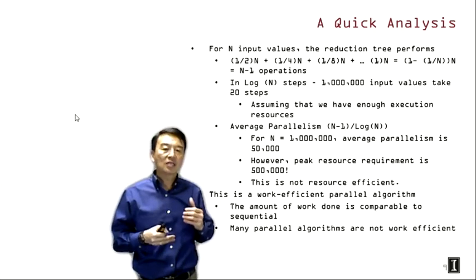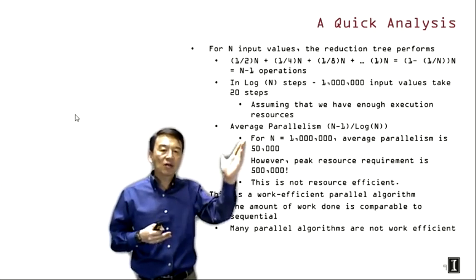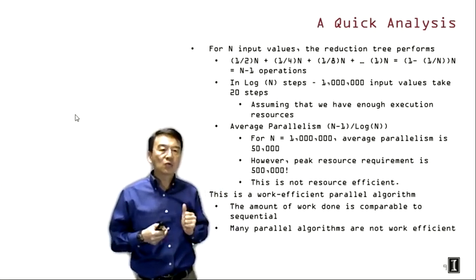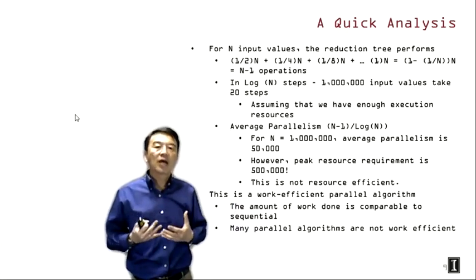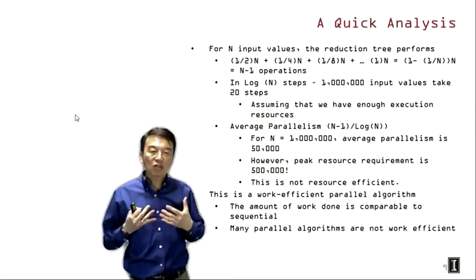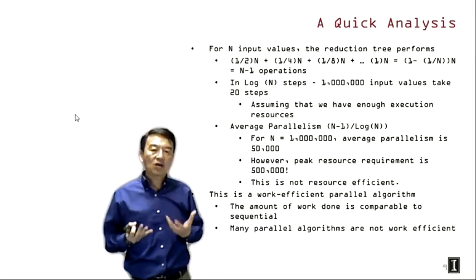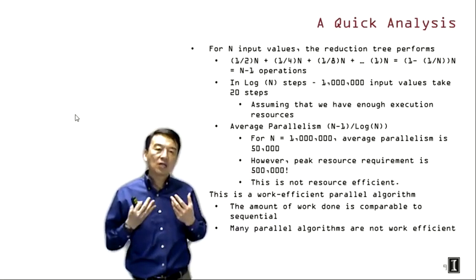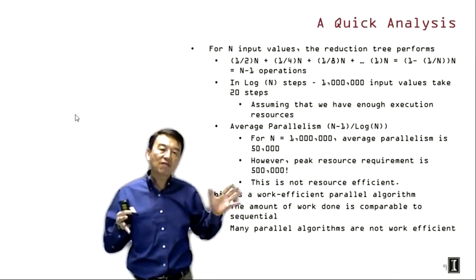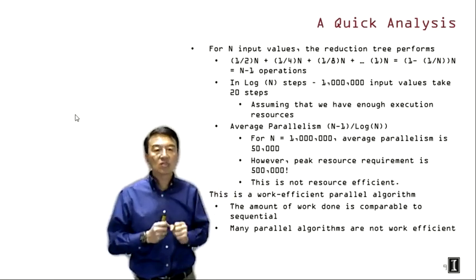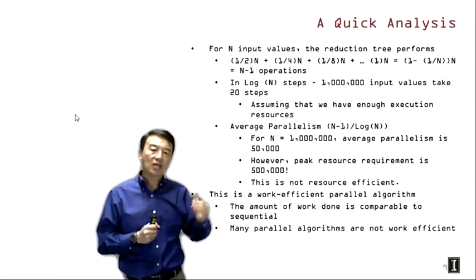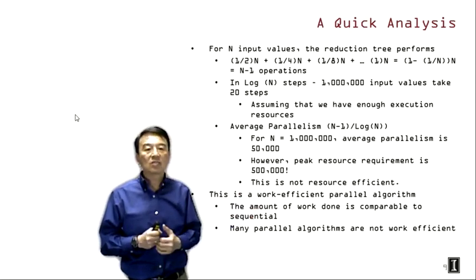So this is a very important consideration as we look at the parallel algorithms moving forward. That is, what is the resource efficiency of these parallel algorithms? Are we going to be using a whole lot of resources at some phases of the execution and then idle most of those resources and only use a small portion of those resources at most of these other steps?